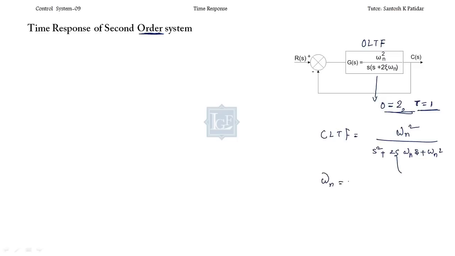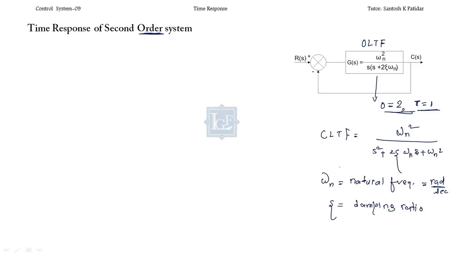This omega n is the natural frequency of oscillation, given in radian per second. What about this zeta? This zeta is nothing but the damping ratio, the factor by which we damp the oscillation of the circuit. Okay, so definitely if the system is a second order system, it will be having some oscillations also.